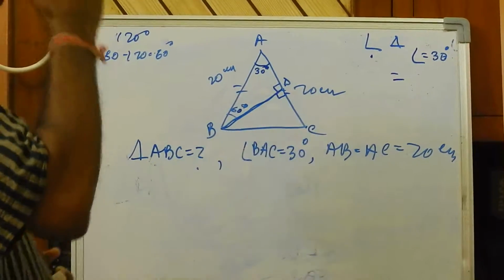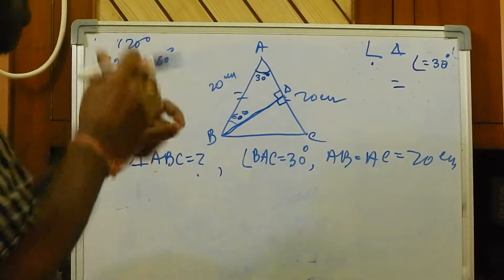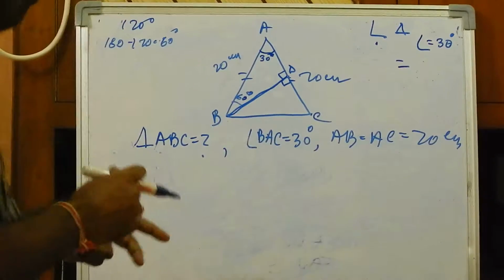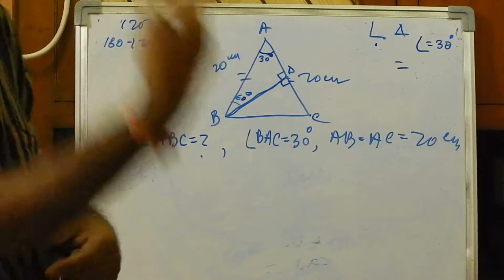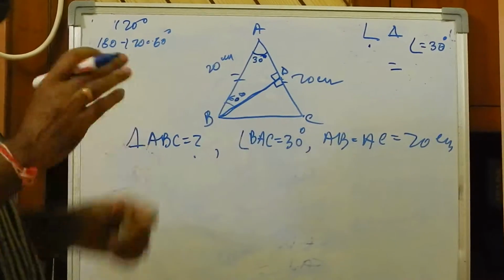So the side opposite to the 30 degree angle is half of the hypotenuse, or the hypotenuse is twice the side opposite to the 30 degree angle.